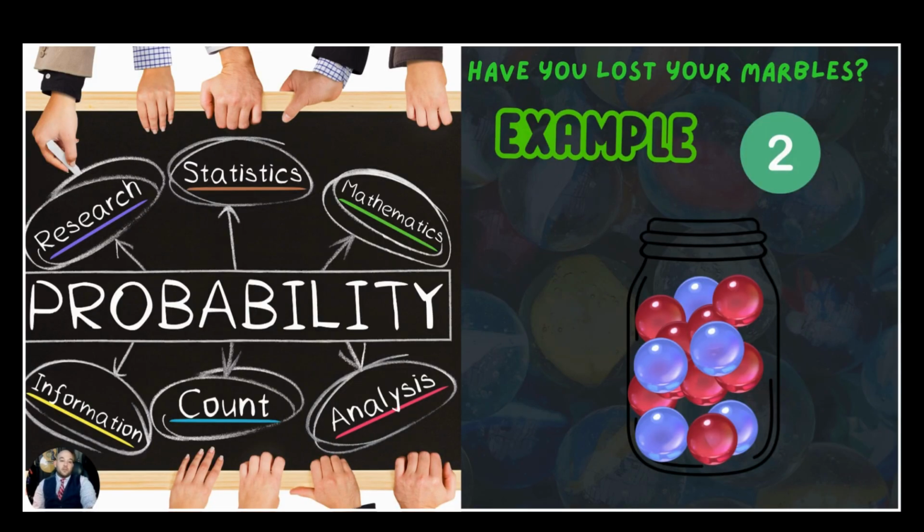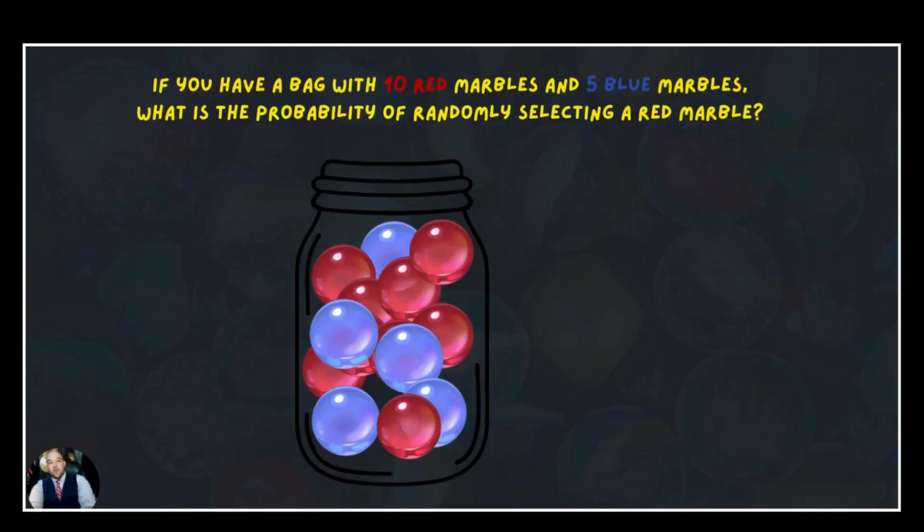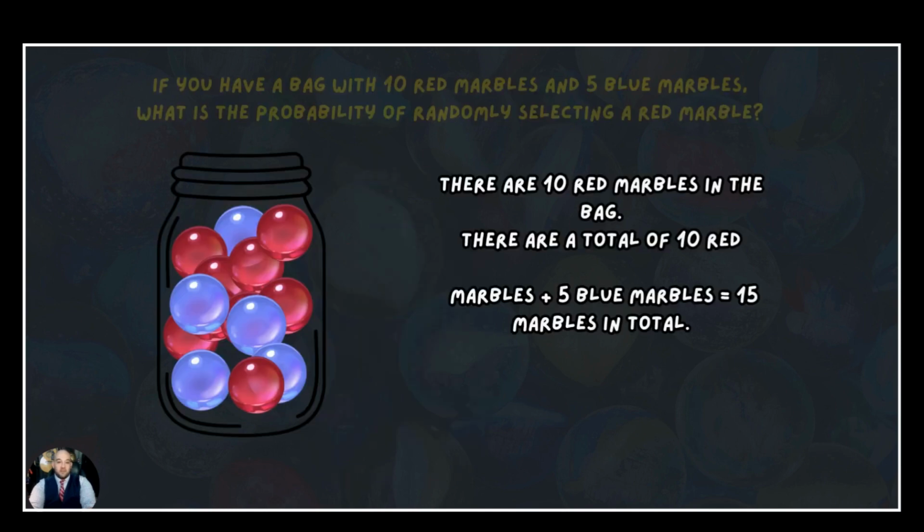So let's look at another example here. When we think of probability, you can use this on various different data, right? Well, if you have 10 red marbles and 5 blue marbles, what's the probability of randomly selecting a red marble? Well, there are 10 red marbles in the bag.